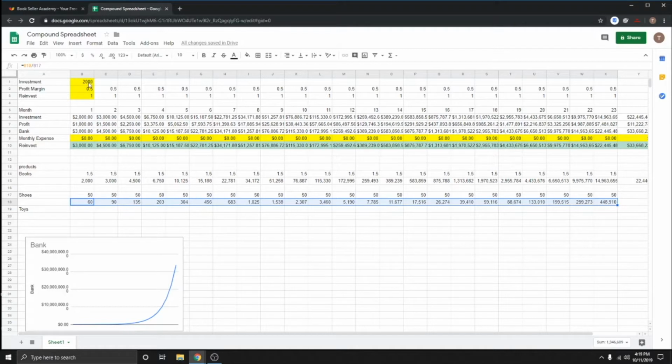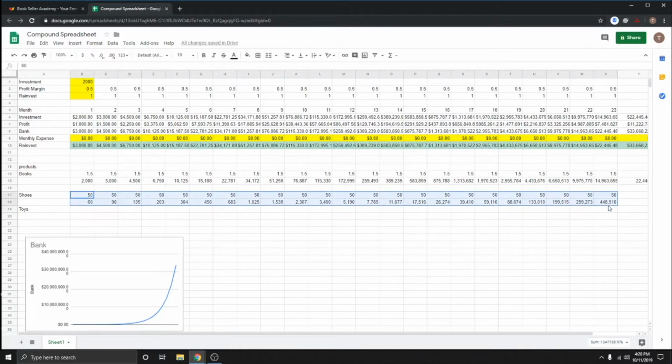Again, we're looking at a $2,000 investment with a 50% profit margin. You're investing 100% of your profit with your initial investment. Even from a shoe standpoint, by month 8 you're looking at 1,000 shoes. And you could say the same thing with toys.